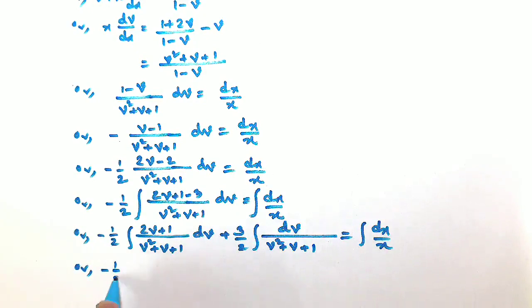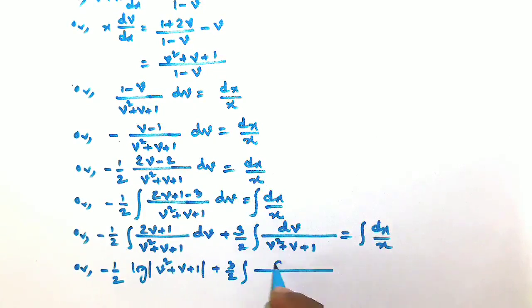Minus half. Now friends, since the derivative of the denominator is equal to the numerator, the derivative of v square plus v plus 1 is equal to twice v plus 1. So we can write log of modulus (v square plus v plus 1) plus 3 upon 2 integration dv upon (v square plus v plus 1).